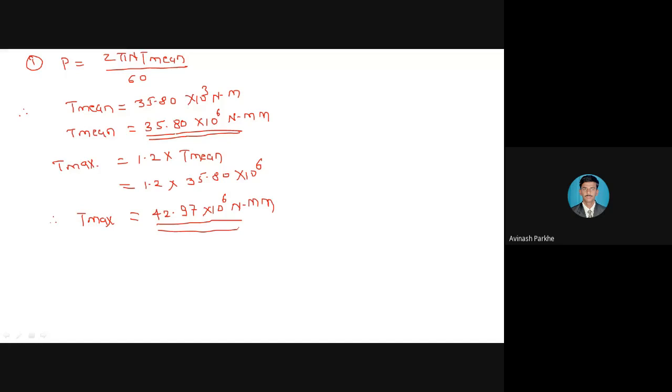Those who have calculated the T max value, use our first relation by using the shear stress. Calculate the diameters by using the shear stresses. So condition number 1: diameter based on shear stresses.